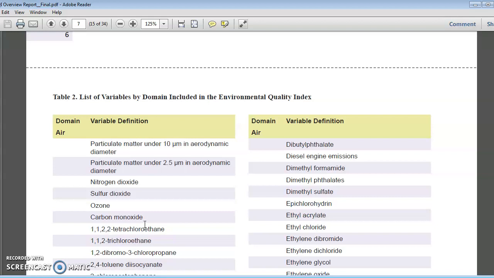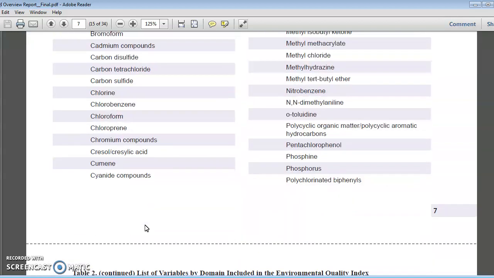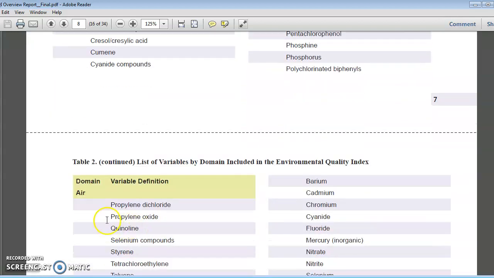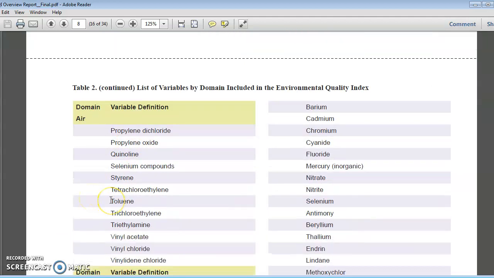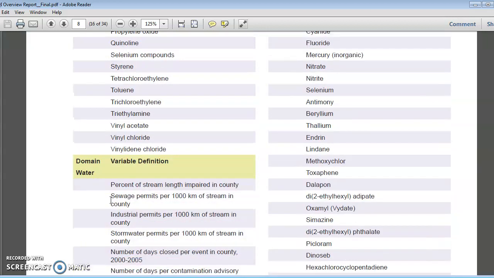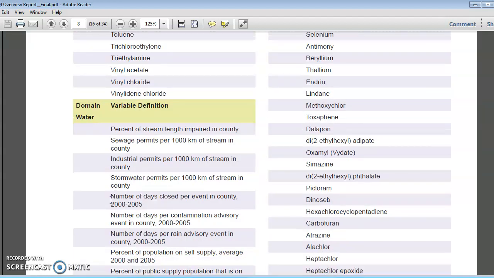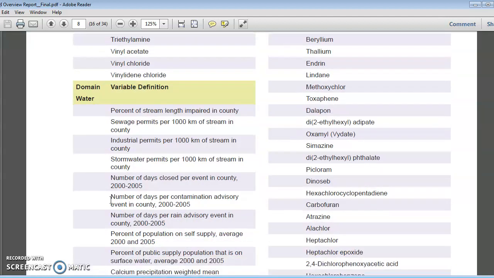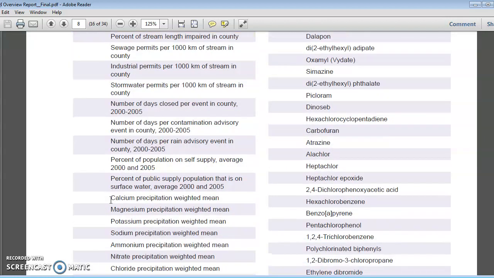All these activities are done to get the data. Again for the air domain there are different variables defined, you can see. Then the water domain variables are, there are a number of variables, you can see.